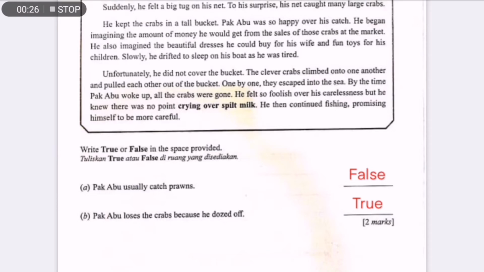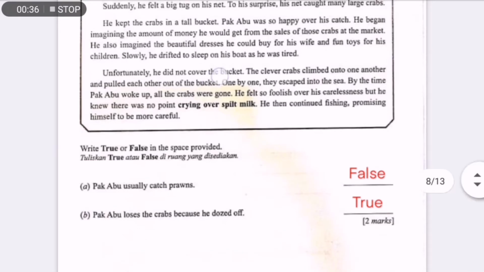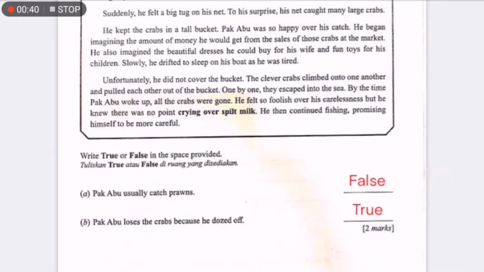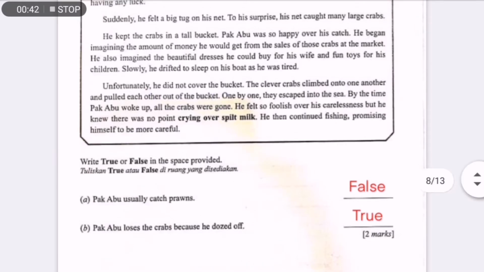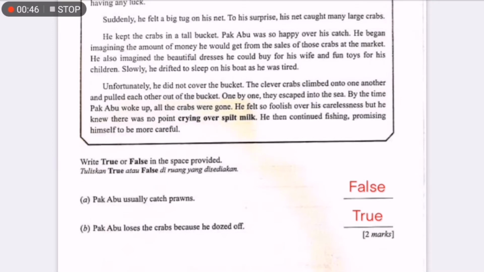Dozed off means he fell asleep. Is it true? Yes, it is correct. Over here it's written that he drifted to sleep on his boat as he was tired and he did not cover the bucket. So the crabs climb onto one another and pull each other out of the bucket, and they escape into the sea. So that's true.